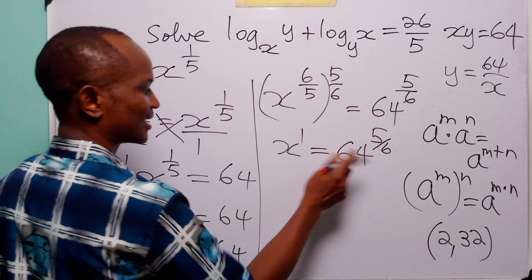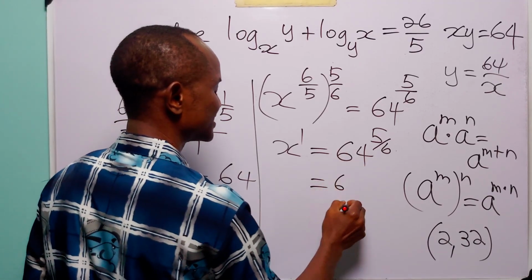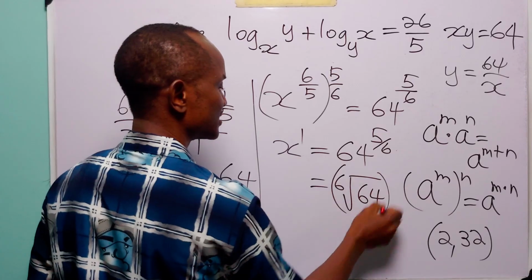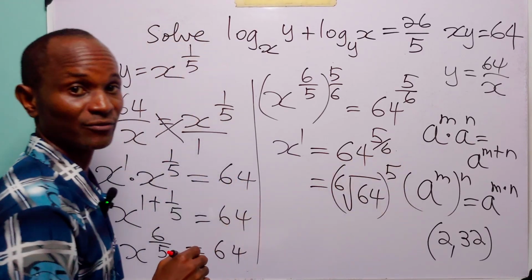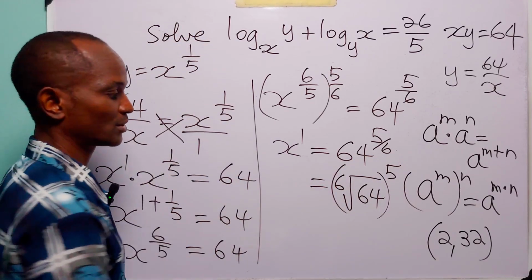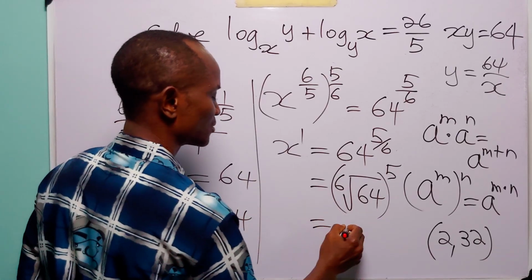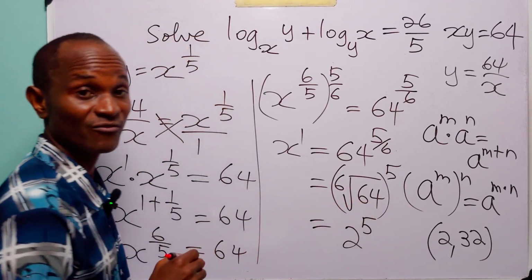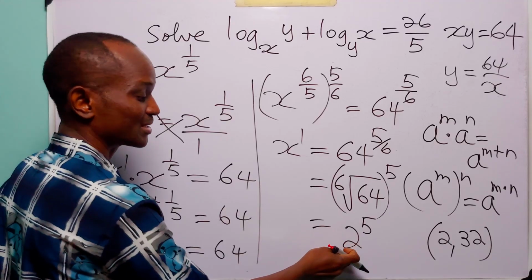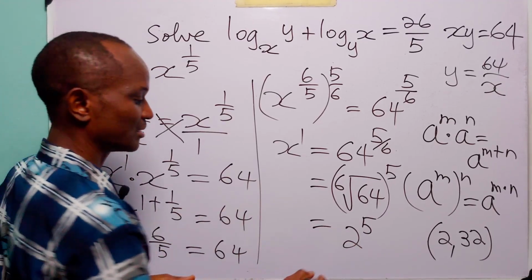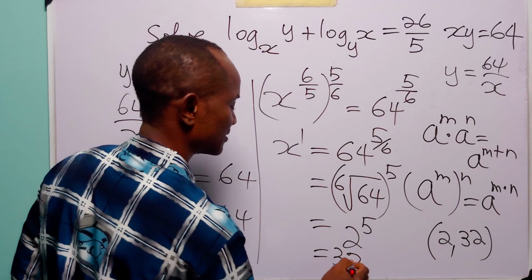And of course, in radical form, this is equal to the 6th root of 64 raised to power 5. And we've already found that the 6th root of 64 is 2. So this is equal to 2 raised to power 5. That is 2 multiplying itself 5 times, and that is going to be 32.